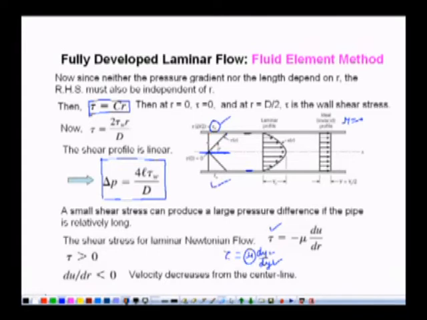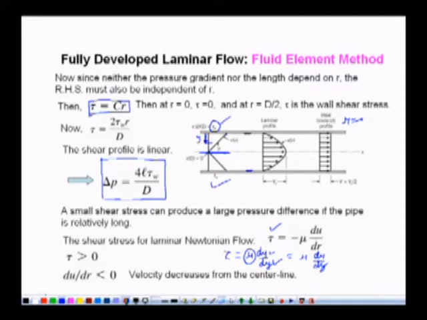So, what is the relationship at this point for du over dy? Tau is equal to mu du over dy, and what is y here? Y is the distance measured from the solid boundary, this distance.